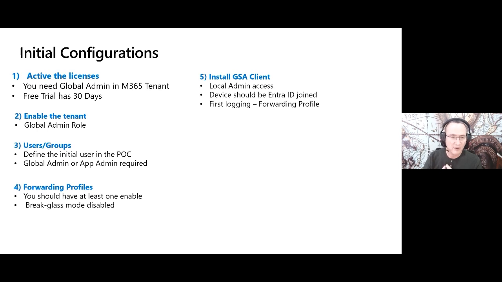That's another good lesson learned that you need to hear. I mentioned before, okay, I need at least one forwarding profile to avoid this break glass mode disabled. Good. Okay. In the first login, if you previously logged in to your organization in Entra, the token is already there.